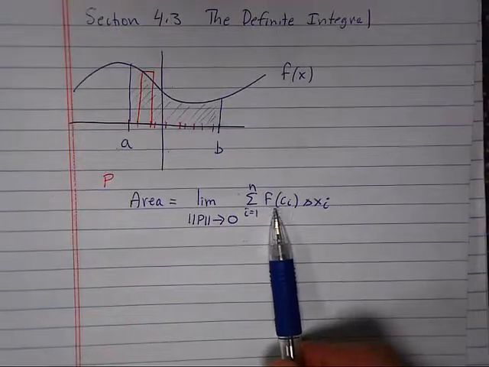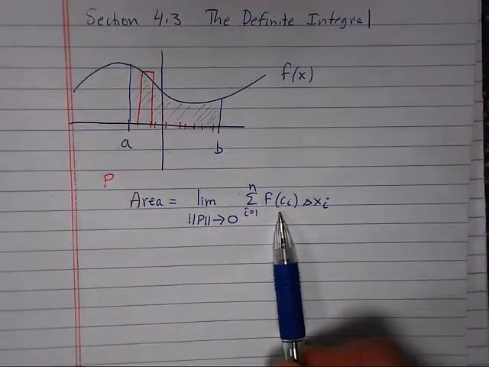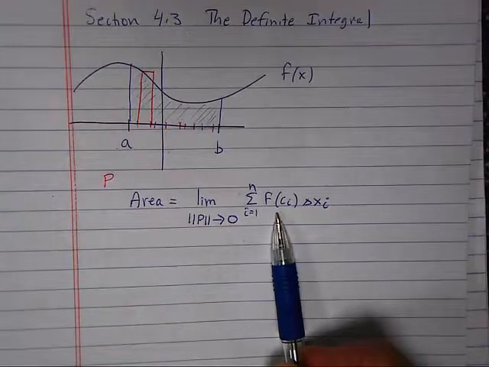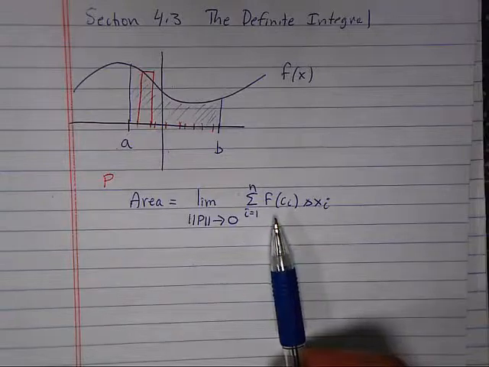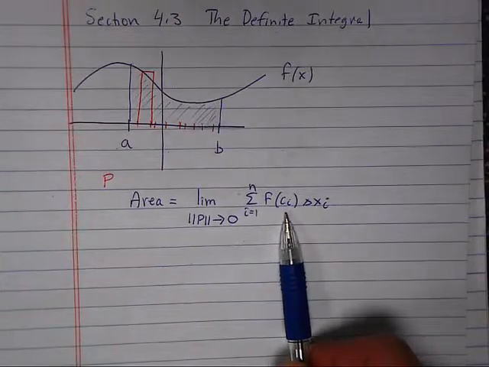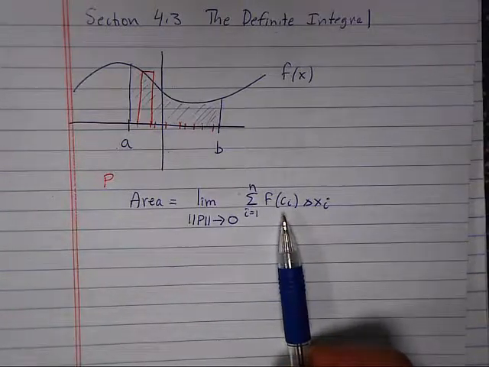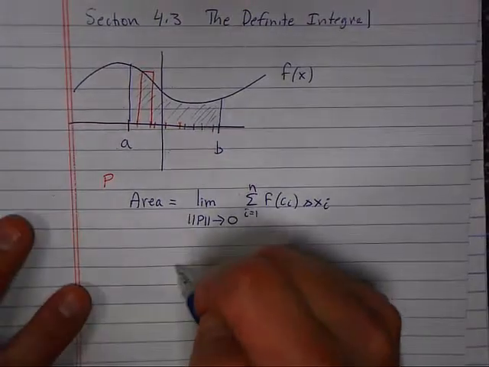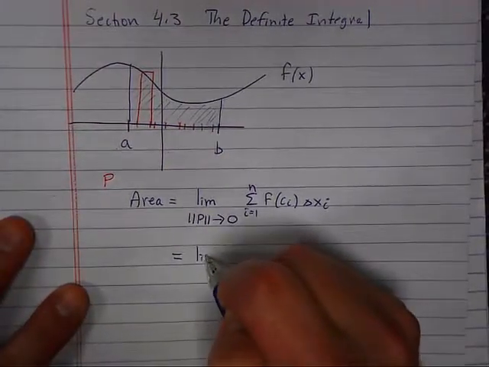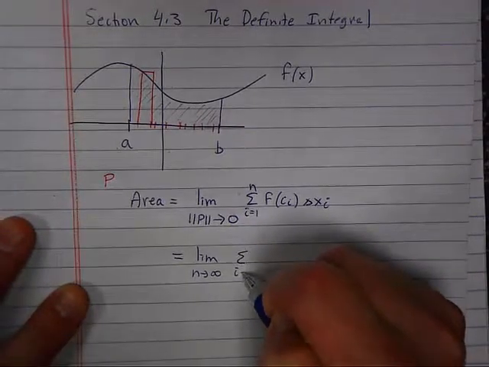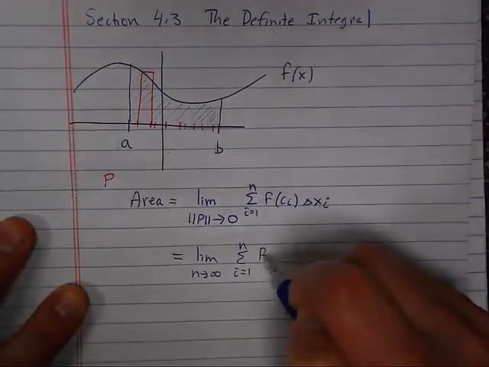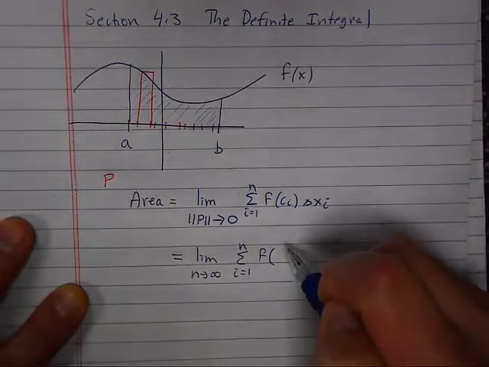What's this f of c sub i? It's f of c sub i, it's not times i. Well, remember we had area yesterday. We had a slightly different formula. We had limit as n goes to infinity, the sum from i equals 1 to n, f of what did we have?